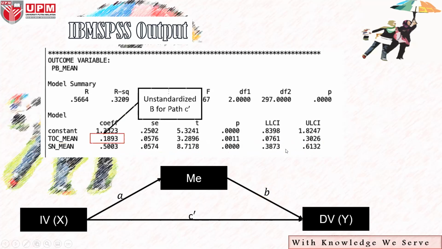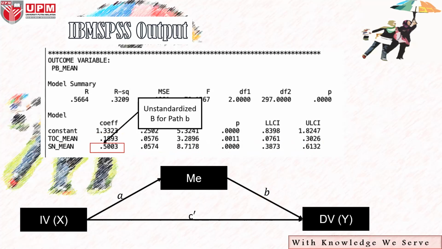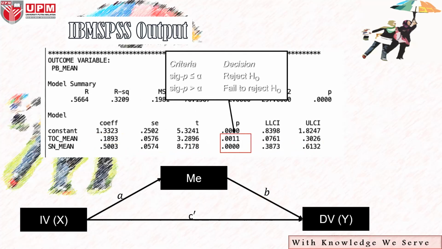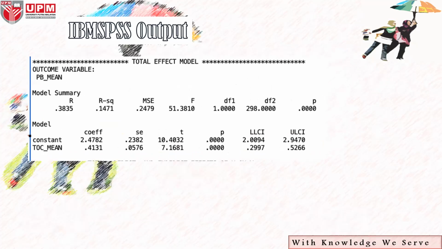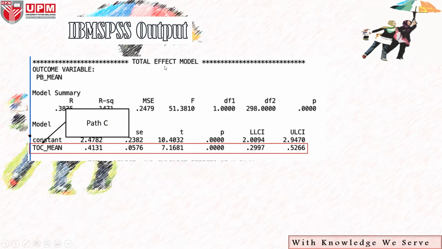Settled. Next one, the outcome variable is PB again, but this one is for the total effect model. Total effect. This one we are interested in C, task-oriented coping's influence on PB.